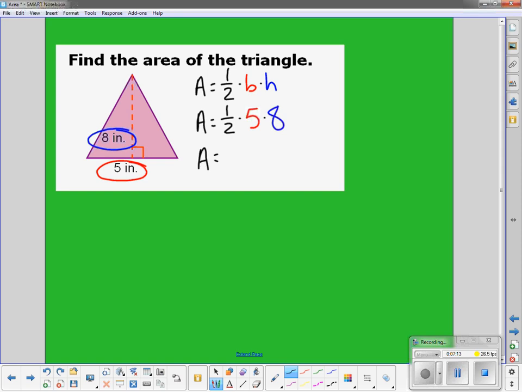So I'm going to multiply 1/2 times 8, which gives me 4, but I can't forget to bring down the number I didn't use, which in this case was the 5. I did not multiply with the 5 yet, so I still need to. So I have to bring it down. This now gives me an area of 4 times 5, which is 20 square inches.